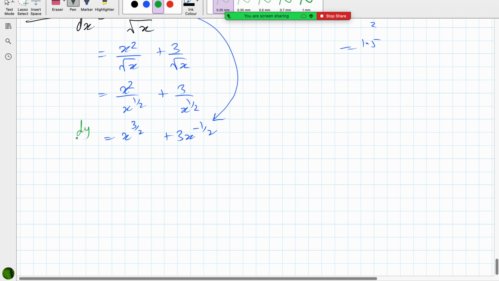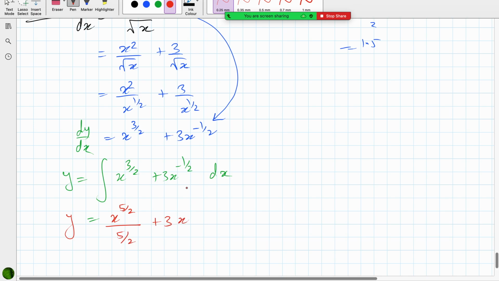This is dy by dx. When I need to find the equation, I have to integrate the differential with respect to x. Now this is the simplified equation and I'm going for integration. So power plus 1, 3 by 2 plus 1 is 5 by 2, divided by the new power.